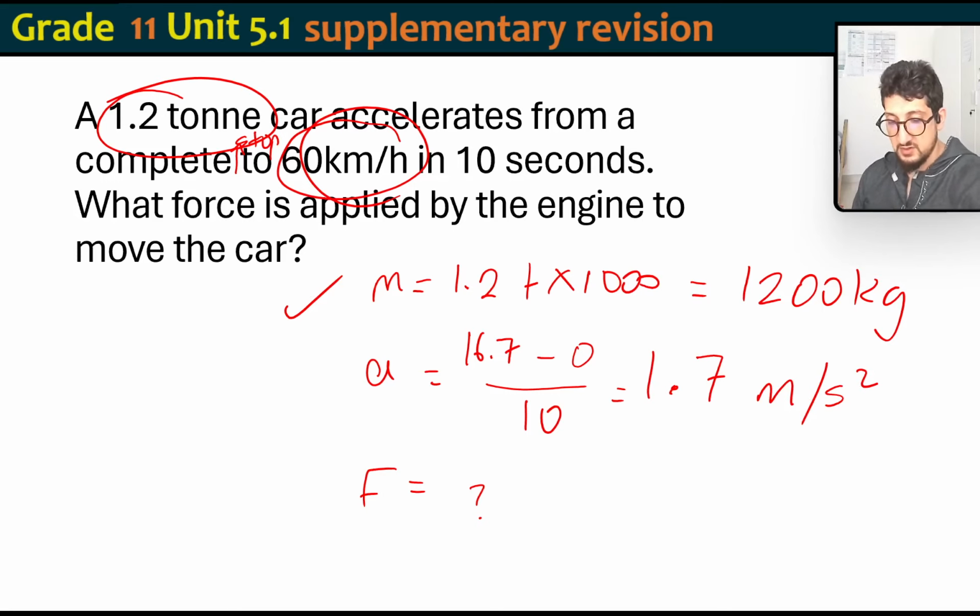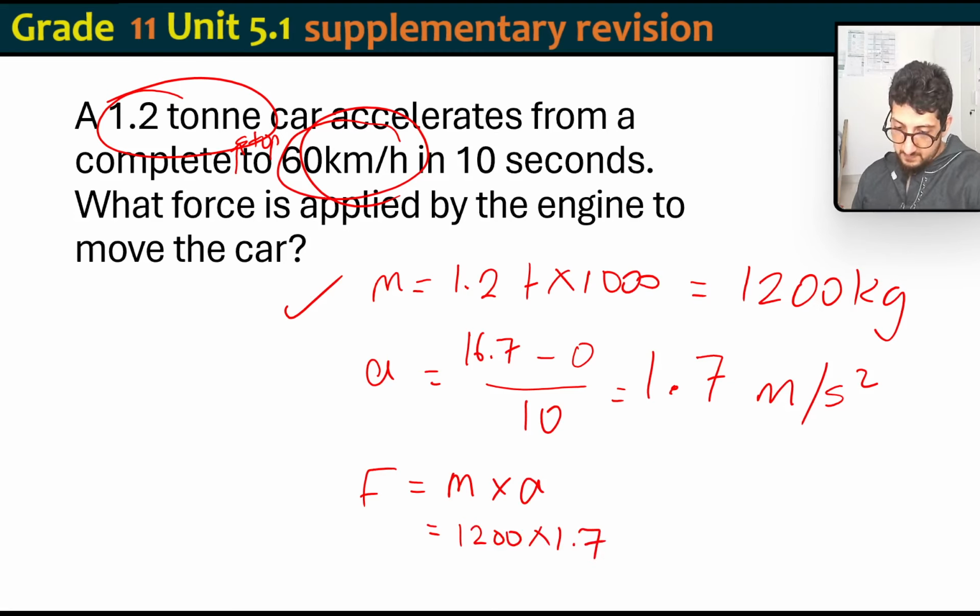Now that I have the mass and the acceleration, I can work out the force: 1,200 times 1.67. Here's the thing though: when I'm doing my calculations, I don't actually use 1.7. I don't round until the very end, to avoid errors.